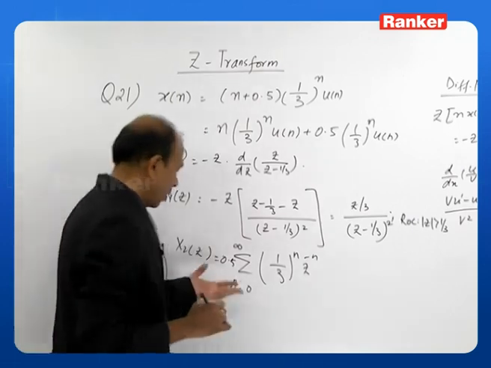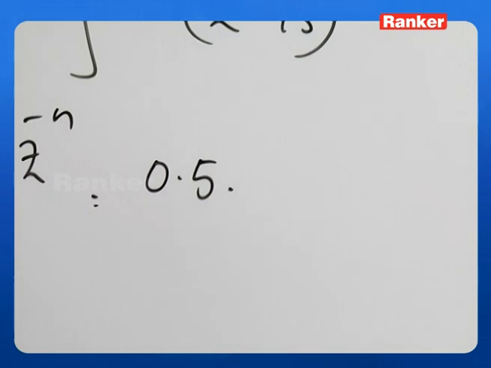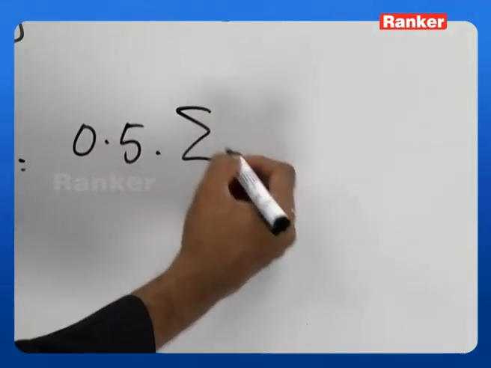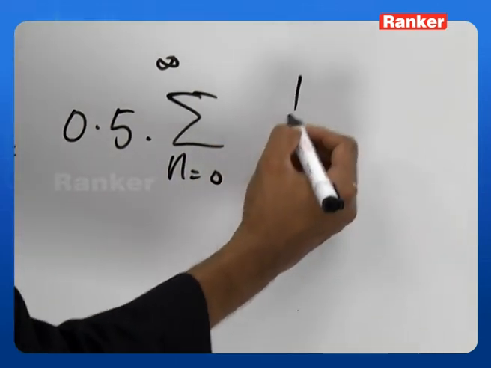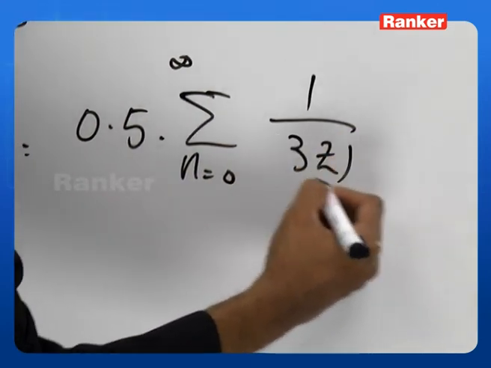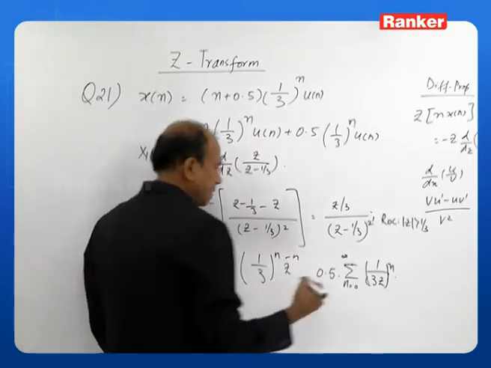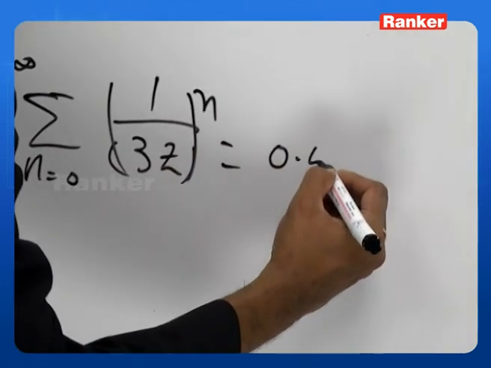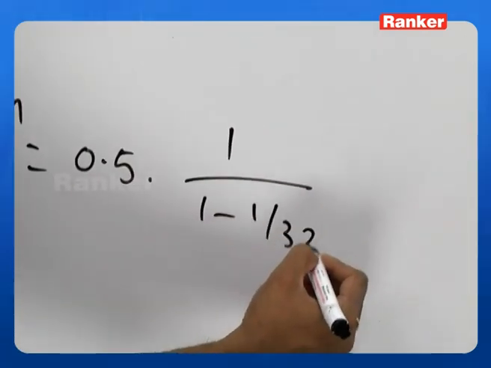Now this is equal to 0.5 into summation n equal to 0 to infinity (1 by 3z) whole to the power of n. Okay, so this I can write as 0.5 into 1 by (1 minus 1 by 3z).